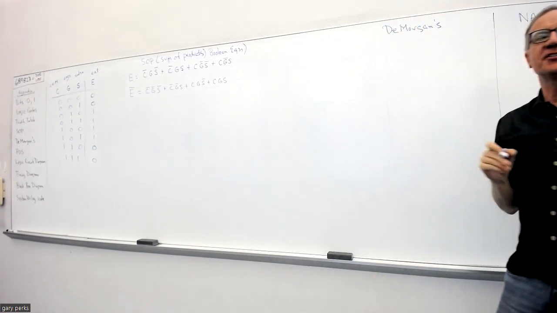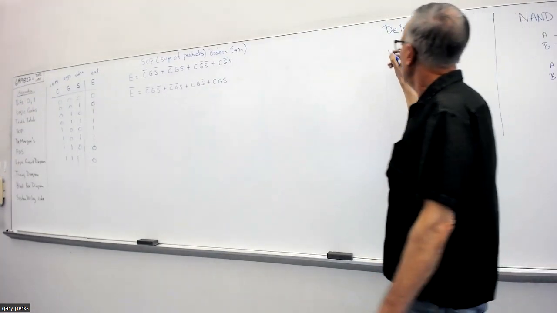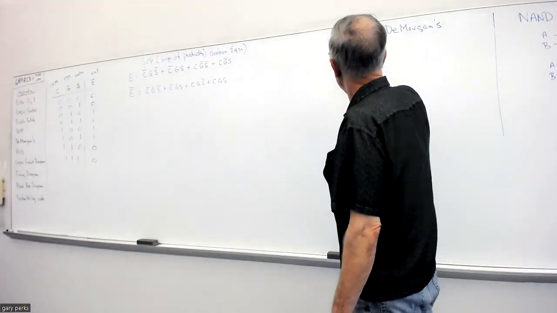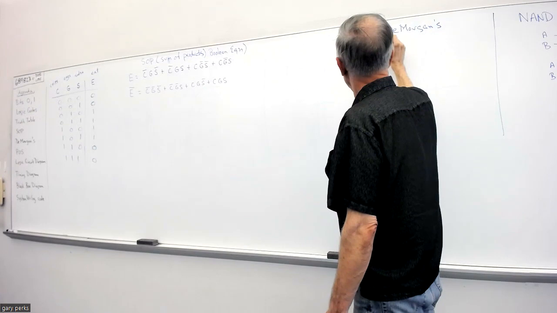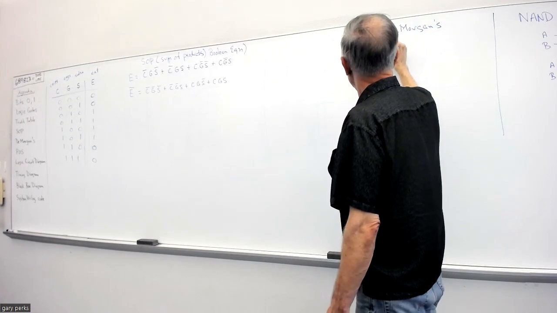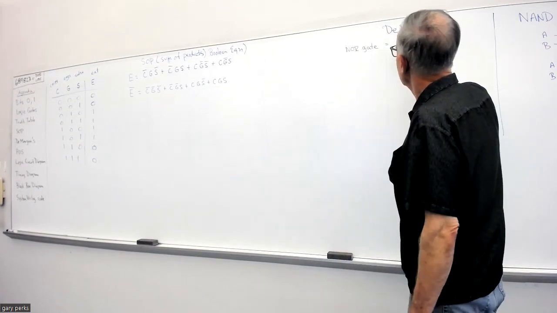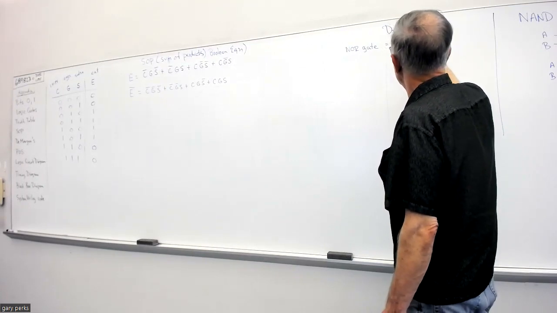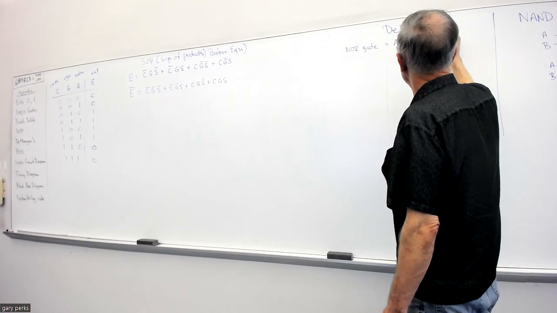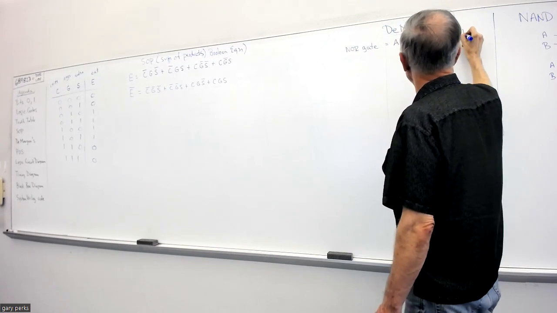There are actually 2 parts to De Morgan's. One part is that a NOR gate equals an AND gate with inverted inputs.